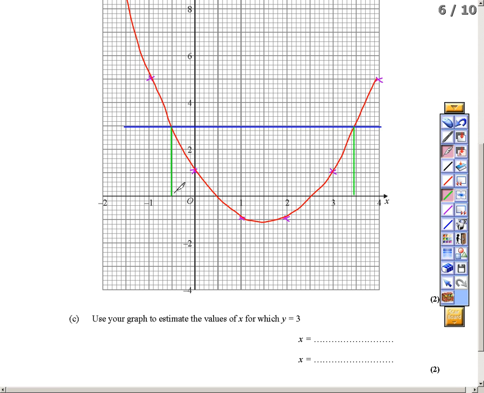So I'm going to say 3.5. I'll undo that. I'm going to say 3.5 and minus 0.5. I'm not too worried about the accuracy because we are, after all, only drawing with a pencil on paper, and I'm drawing with a mouse on the screen.